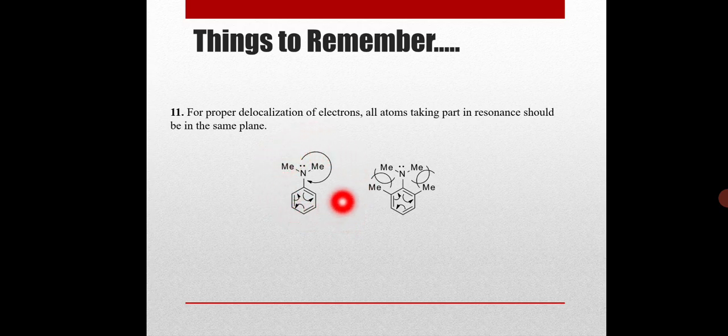You can see that the lone pair of electrons on the nitrogen can enter into resonance with the ring, in conjugation with the pi electrons of the ring. Why? Because this nitrogen and all the carbon atoms of the ring are in the same plane. Since they are in the same plane, the lone pair can enter into resonance with the ring.